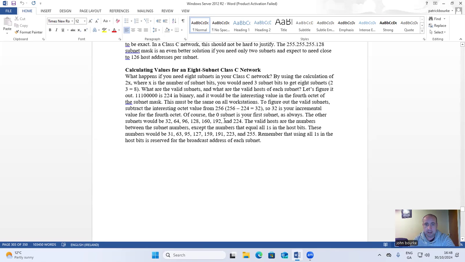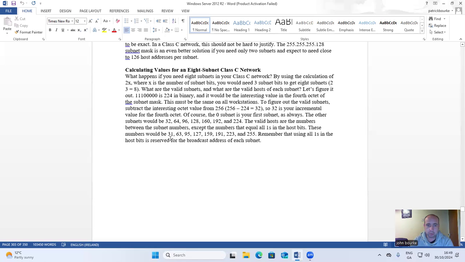Of course, the 0 subnet is your first subnet as always. The other subnets will be 32, 64, 96, 128, 160, 192, and 224. The valid hosts are the numbers between the subnet numbers, except the numbers that equal all ones in the host bits.